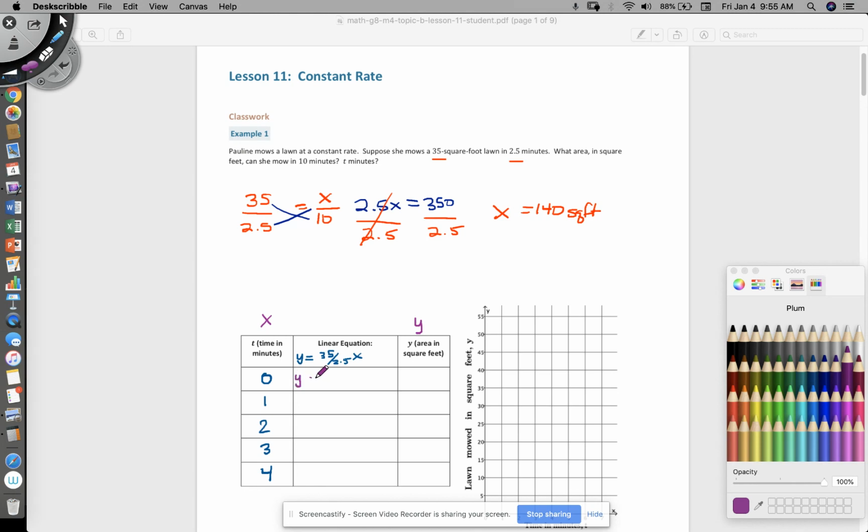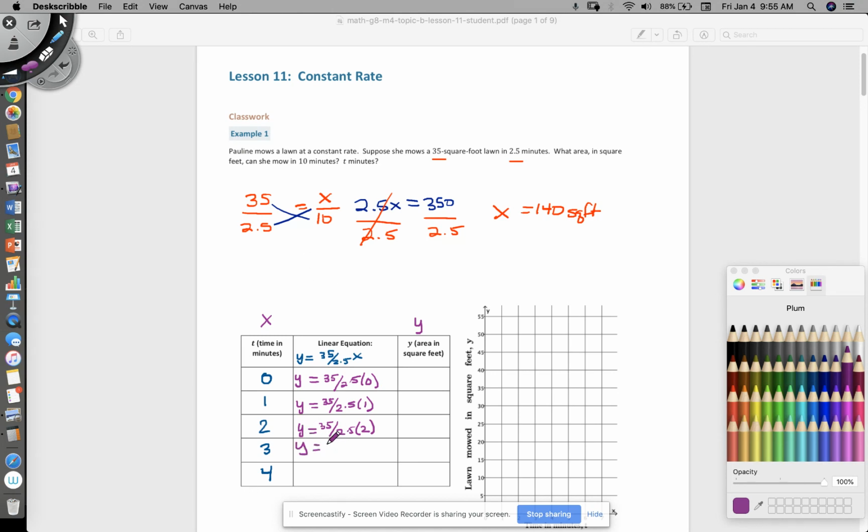So this is going to be y equals 35 over 2.5 times 0. And I'm just going to write these real quick so they're all written down. Y equals 35 divided by 2.5 times 1. Y equals 35 divided by 2.5 times 2.